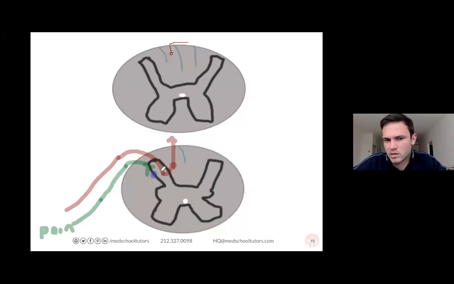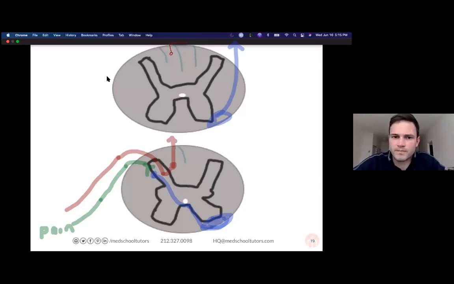They're synapsing back here, and this one is going to cross through this structure in front of the canal, the anterior white commissure, and it effectively is going to make it up here into the anterolateral cord, and then it's going to ascend in the anterolateral cord, and then it's going to make it up to the right side. And then both of them are going to make it to the thalamus, and the thalamus does all the job from there.